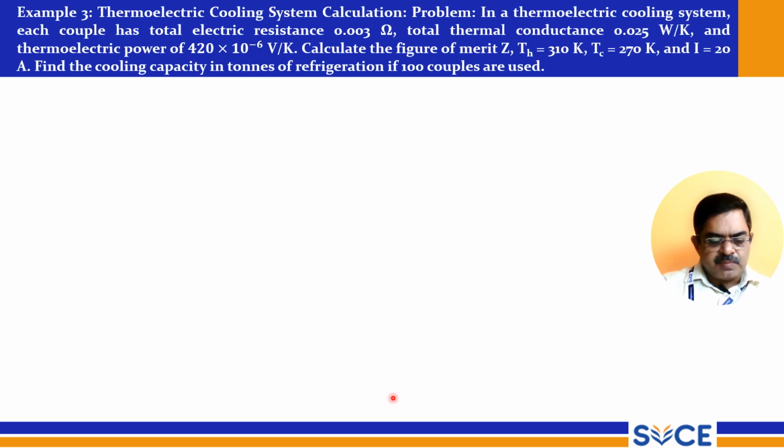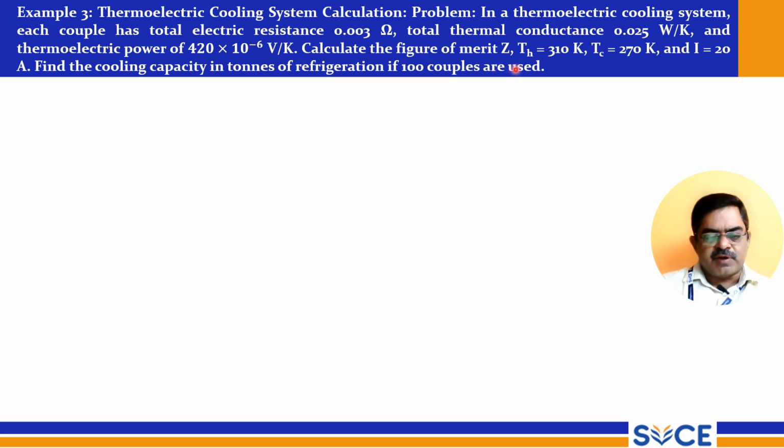So, next problem: a thermoelectric cooling system calculation problem. Here, in a thermoelectric cooling system, each couple has a total electric resistance of 0.003 ohms, total thermal conductance equal to 0.025 watt per Kelvin, and thermoelectric power equal to 420 into 10 to the power of minus 6 volts per Kelvin.